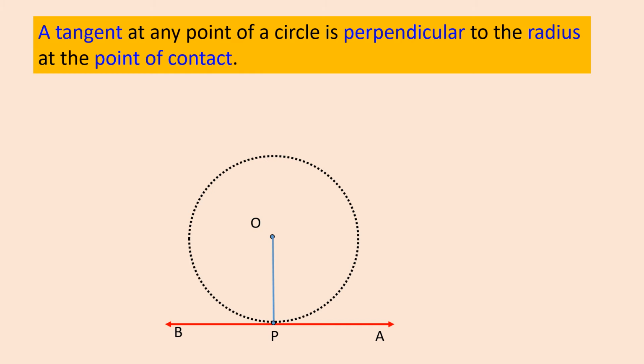As it is said, the tangent at any point of a circle is perpendicular to the radius through the point of contact. Which is the point of contact here? Point P. So here it is perpendicular. You can say that AB is a tangent which is perpendicular to the radius at the point of contact. So point P is called the point of contact.